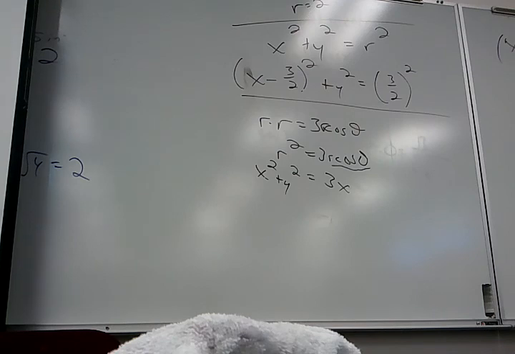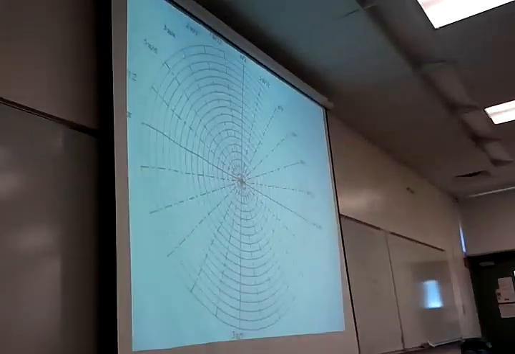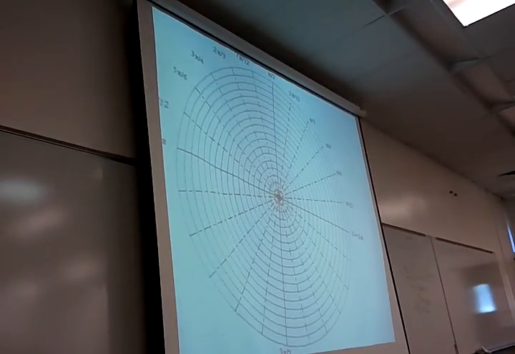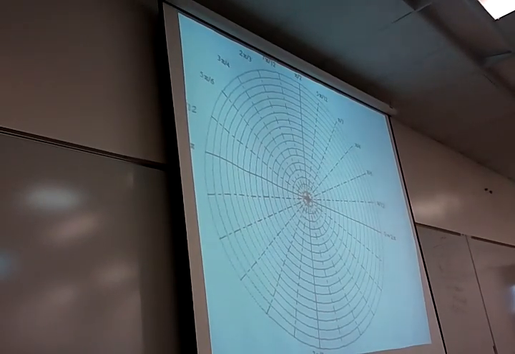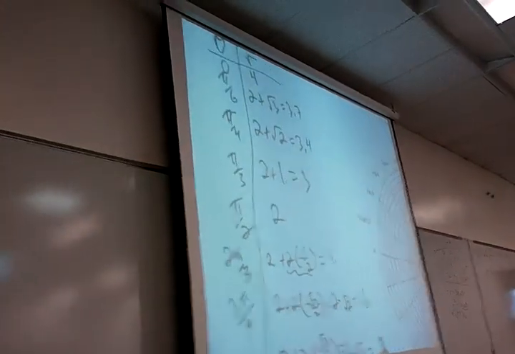So now let's try to plot these. I guess you guys get to watch. Probably should point this camera at the action. That's good enough. So here's my table of values.